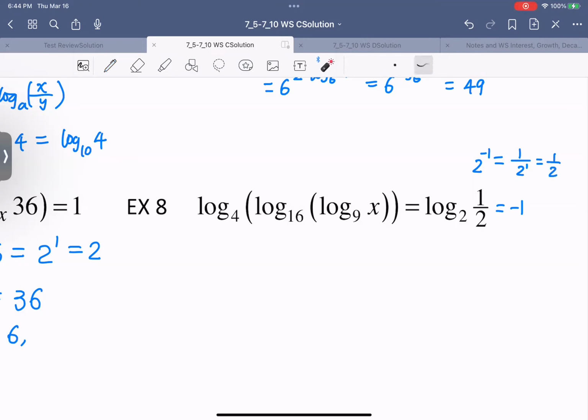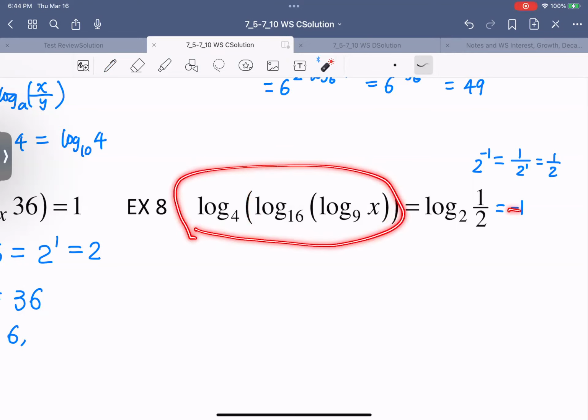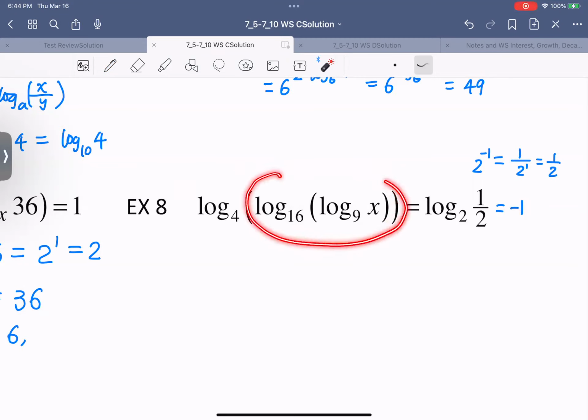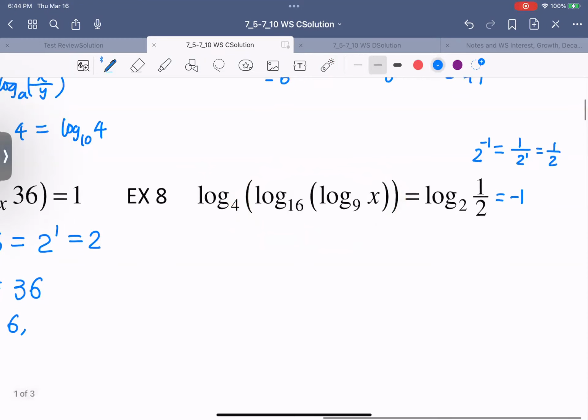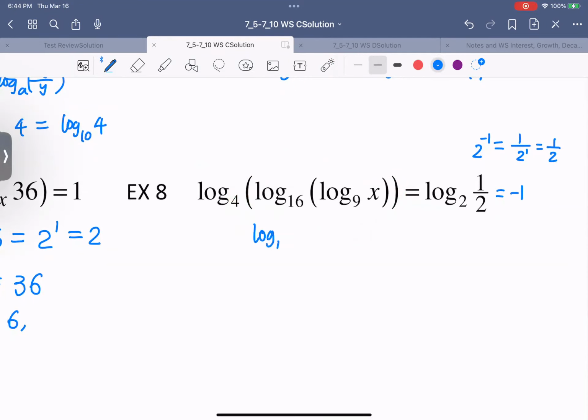And then, can you continue, Abby? You have this whole stuff equals -1. So this whole thing will equal to who? 1 over 4. It's 4 to the power -1, right? Yeah. So you have this thing as 4 to the power -1, which is 1 over 4. Let's keep going.